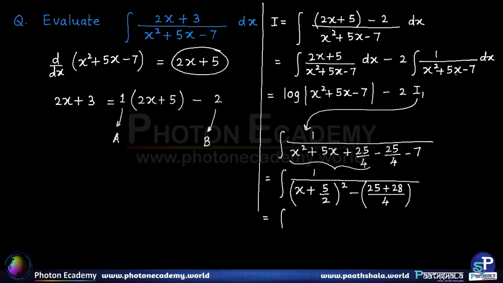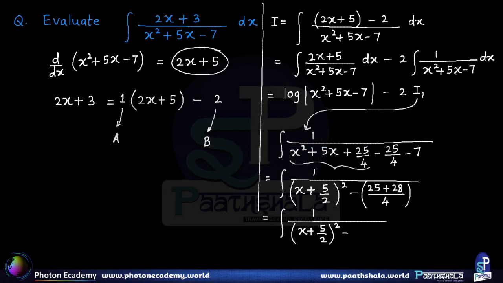So therefore this is equal to 1 upon x plus 5 by 2 the whole square minus, now 25 plus 28 is 53, and 53 by 4. So therefore 53 by 4 can be written as square of root 53 by 2 the whole square.